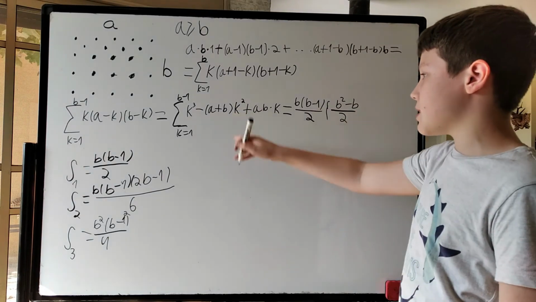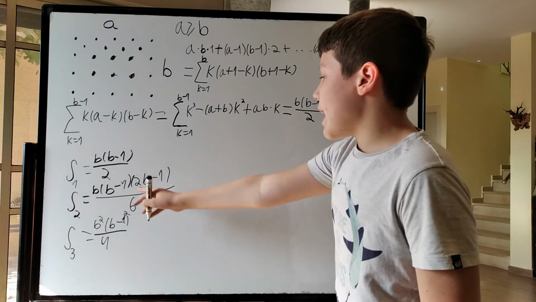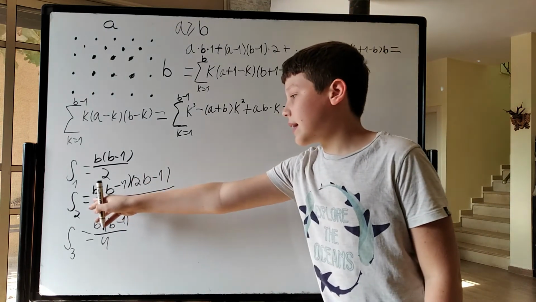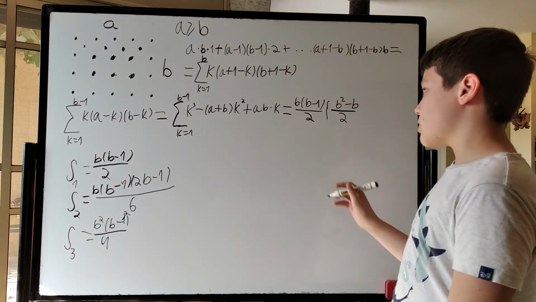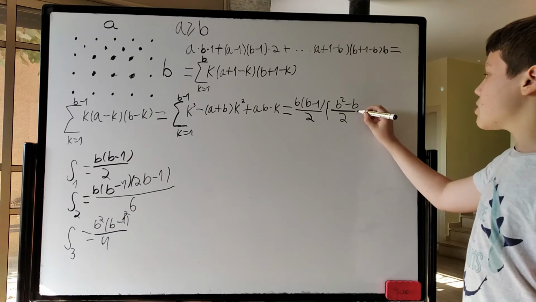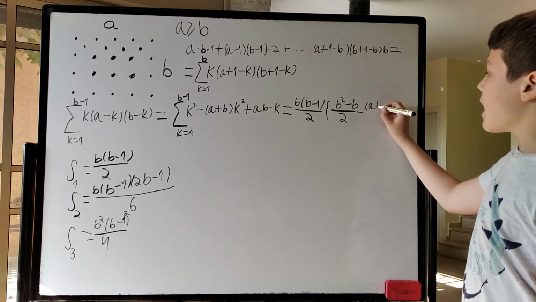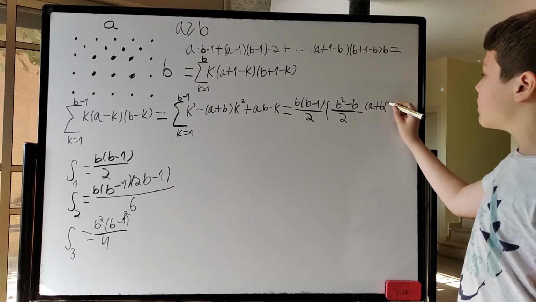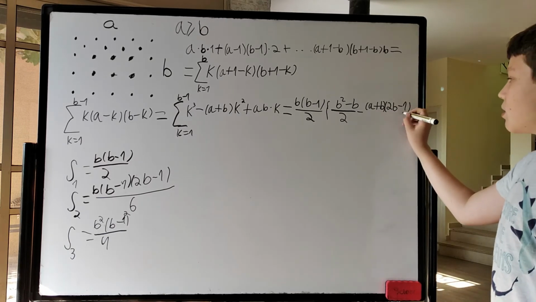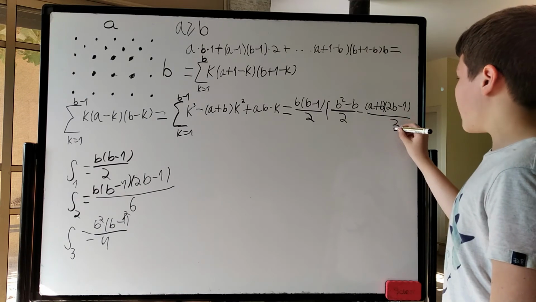And then for the k squared, we have (2b minus 1) over 3 after taking out the b times (b minus 1) over 2, and then remember, multiply by the coefficient, so minus (a plus b) times (2b minus 1) over 3.